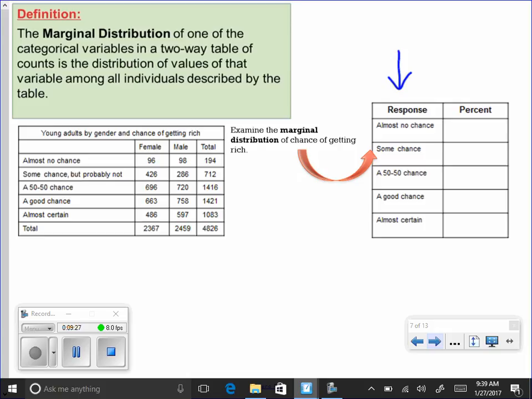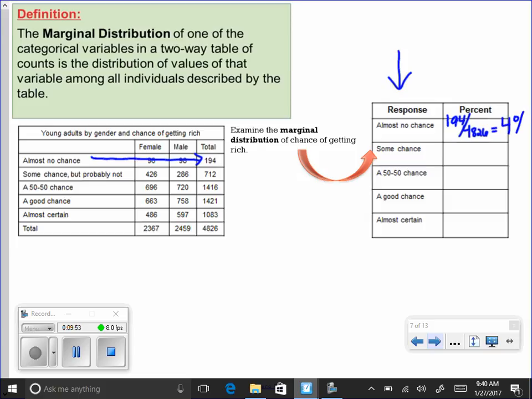So here's almost no chance. The total can be found right there. So 194 out of 4,826. So if you type this in your calculator, we get 0.04, so 4%.